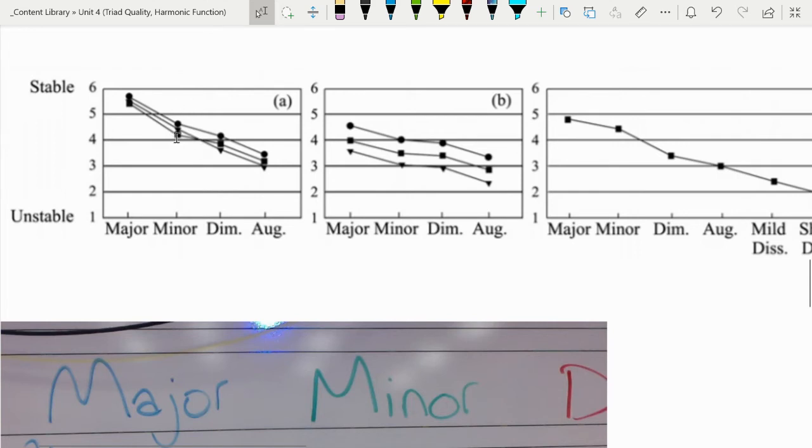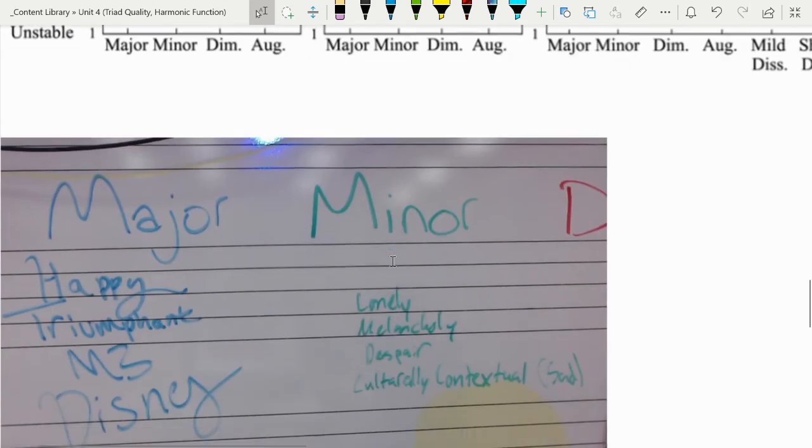Diminished, with those minor thirds, is even less stable. And the least stable is the augmented triad, because the augmented triad doesn't exist diatonically in any diatonic scale, so it sounds the most dissonant, with two major thirds creating that augmented fifth in the outer voices, which sounds like a minor sixth in the triad root position.